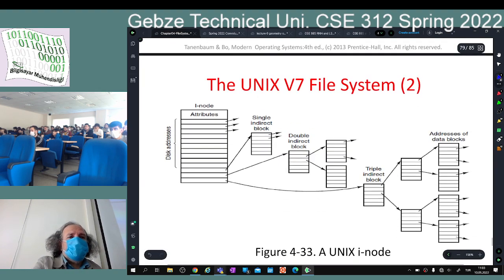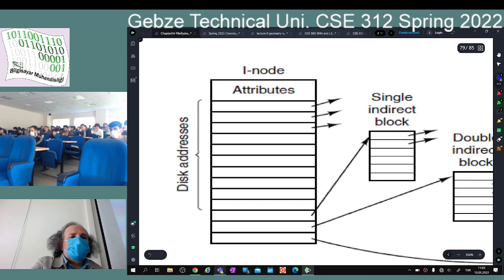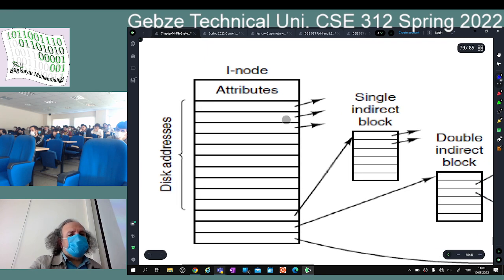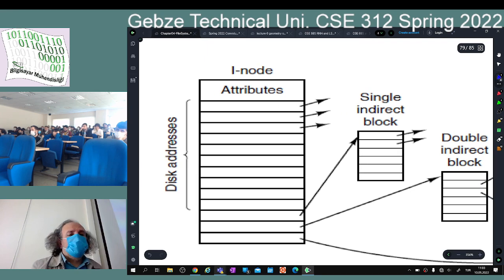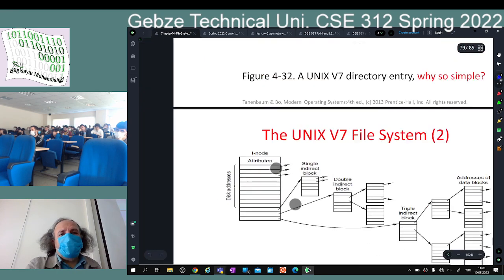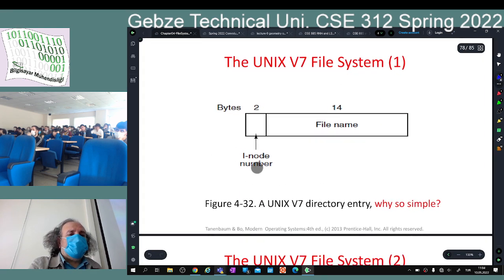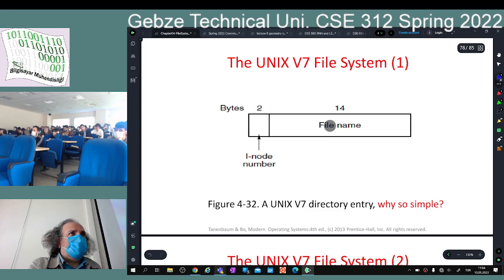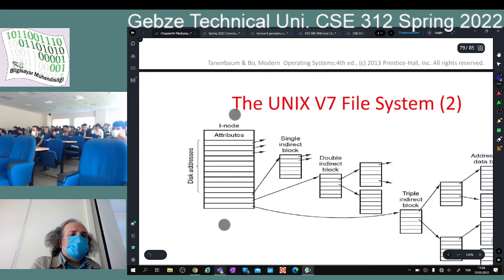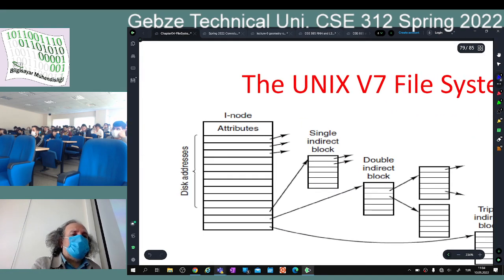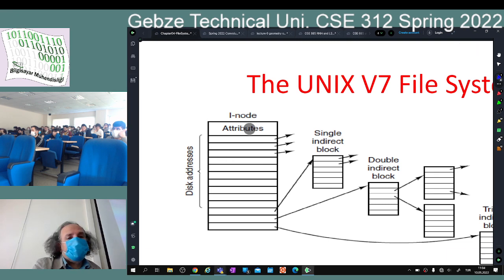So when we say I have an inode number, remember inodes are kept at special places in our disk partitions. An inode keeps block addresses, right? That's why they are called inodes. When I open a file, I find the inode for that file and I load it to my memory, and this is the inode. Inside the inode I have the attributes.